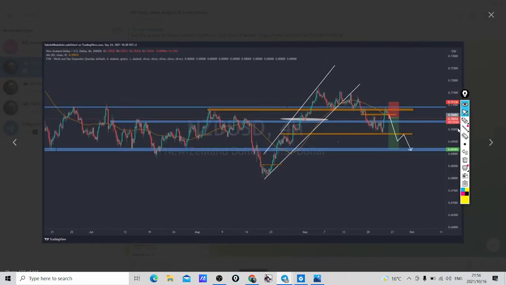This one. Yes, the signal was given. Because I knew that at that time the NZD was flat, and the US dollar was bullish at that time. The US dollar was bullish, and then we saw a crash on NZD USD.